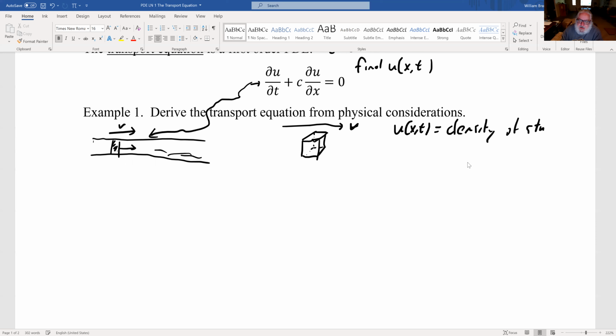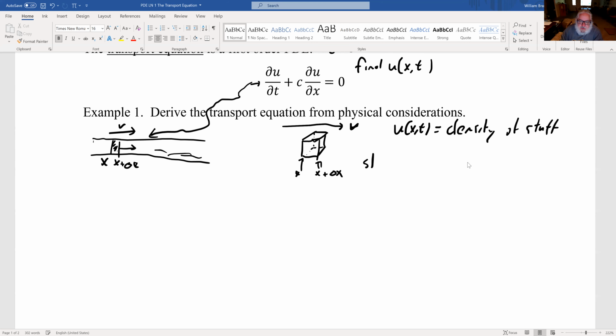And what we want to know is, how is this stuff distributed throughout the river as time goes on and as x goes on. So if we call this x plus delta x, so here's our x plus delta x. What's the basic equation that we have here?